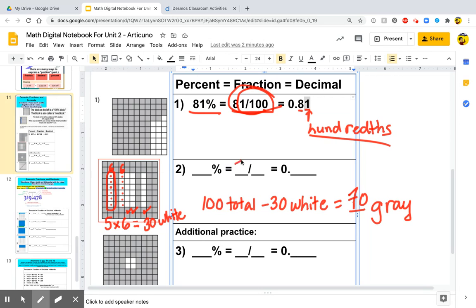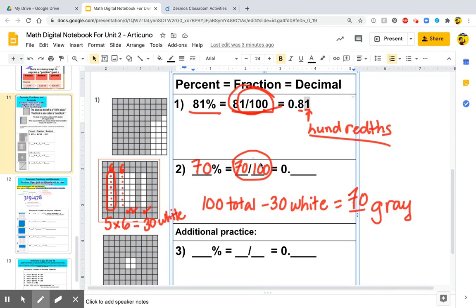So we would say 70 over 100, and you would type this out. Now, question for you. If this is 70 over 100, what do we write over here? Remember, percent means out of 100. So this is 70%.